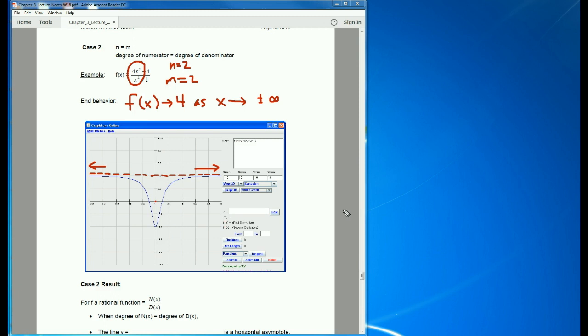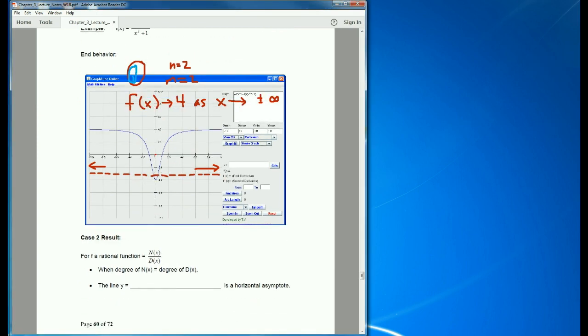All right, and in fact, that happens to be the same as the ratio of the leading coefficients right here. X squared is really the same as 1x squared. And what we've got here is 4 over 1. So we can summarize that down here.